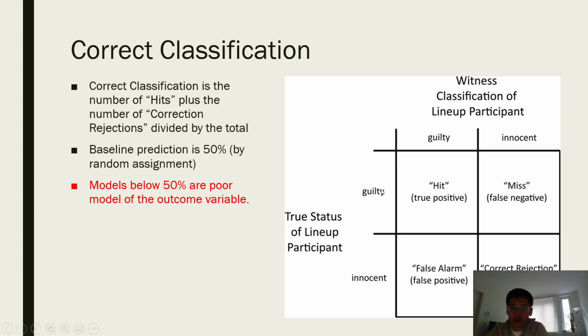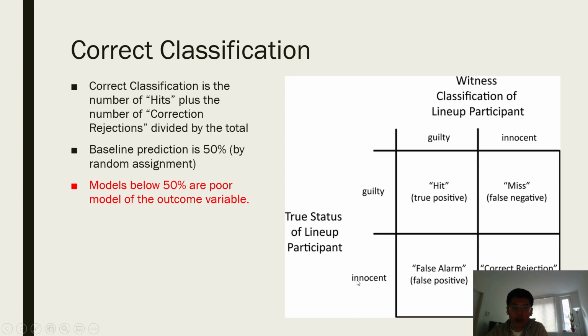If the actual result is either guilty or innocent, and the witness classification is, for example, the predicted value, which is also either guilty or innocent. If the actual is guilty and our prediction is also guilty, we have a true positive, a correct decision.